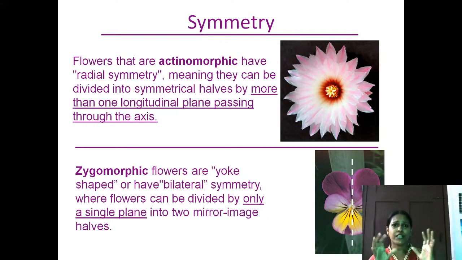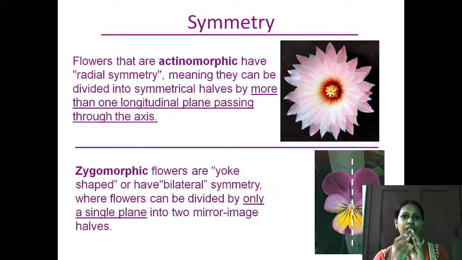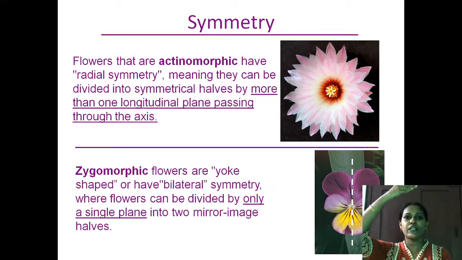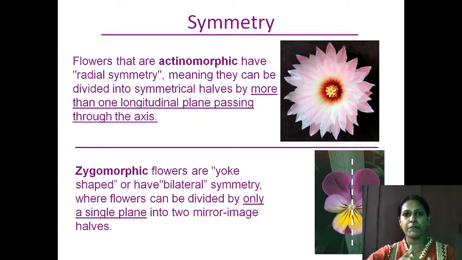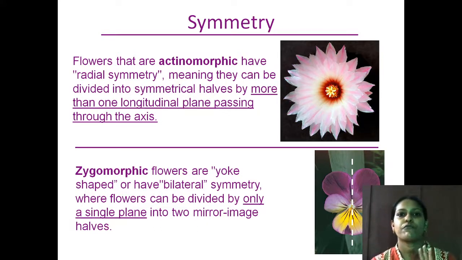When you look at some flowers, they are very cute, almost equal in size. They have radial symmetry. When we cut through the surface with a blade, along any plane, we have an equal distribution. So when we pass the blade through any axis, we could see symmetry, an equal half is maintained.